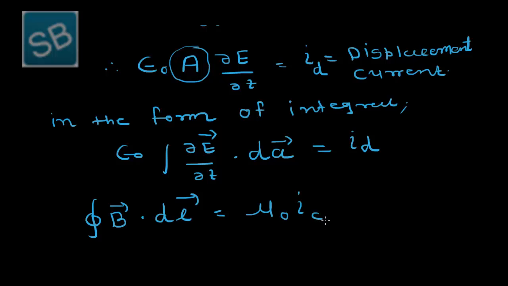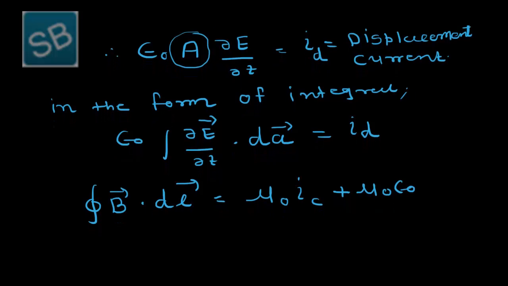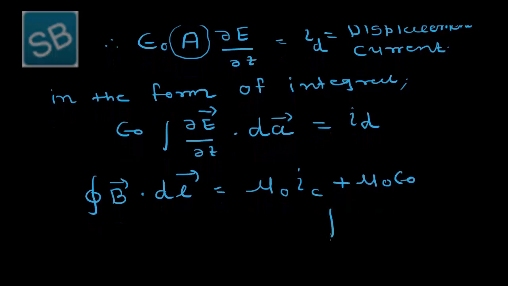So I am writing it as I_C. And now I am adding this particular term with the coefficient mu 0, so that is mu 0 epsilon 0 integration del E by del t into dA.